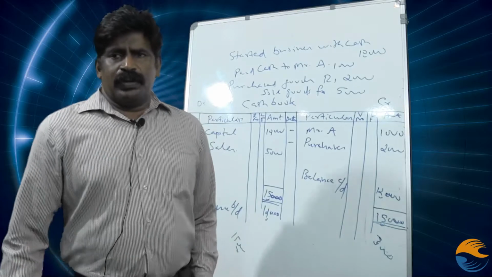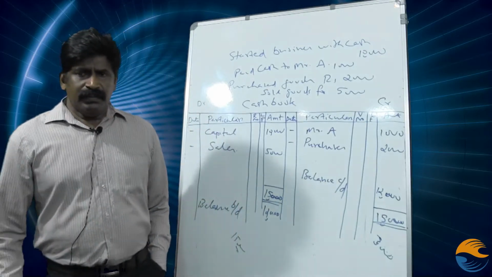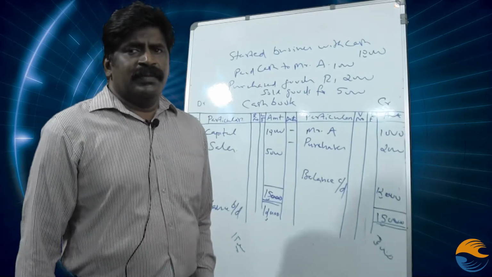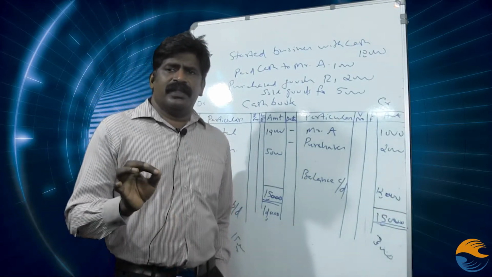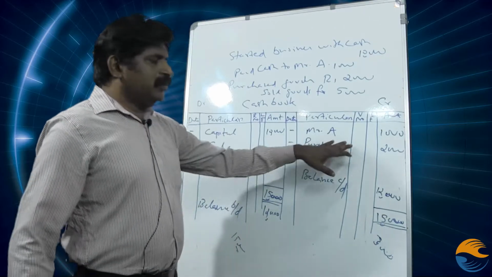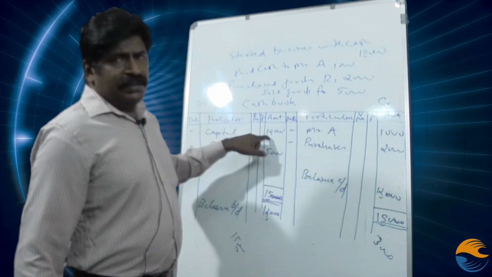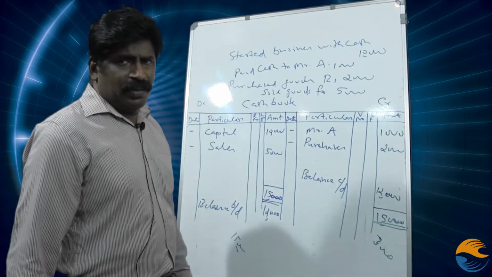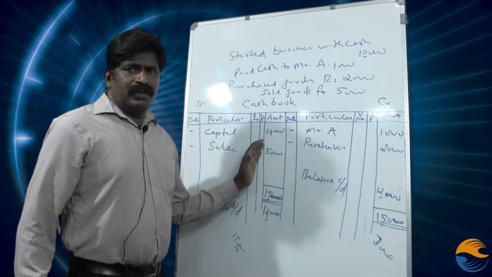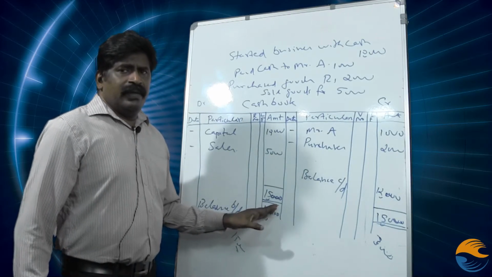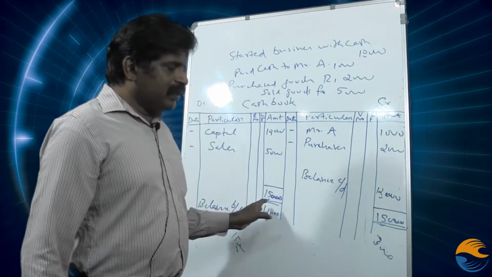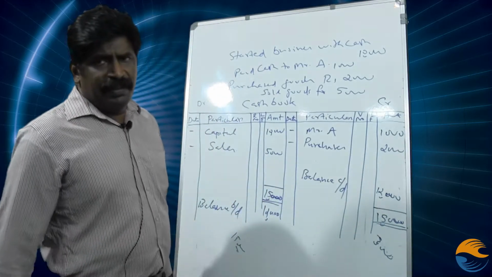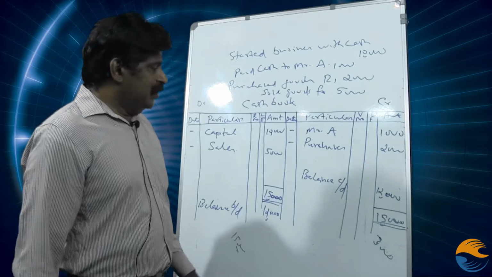I explained the process of totaling once more. Consider both the sides and find where is the highest total. When we considered both the sides, this amount column shows the highest total, and we wrote the total amount here, and the same total should be shown on the other side also, and then find the difference between the debit and credit totals.